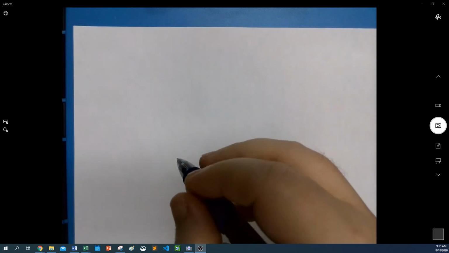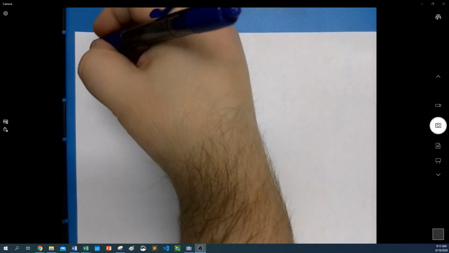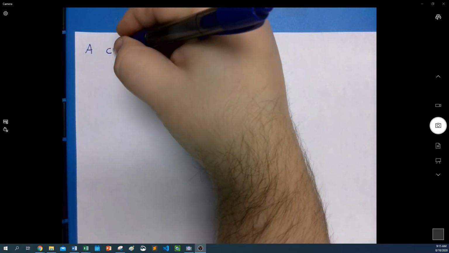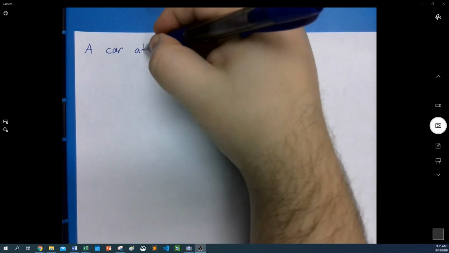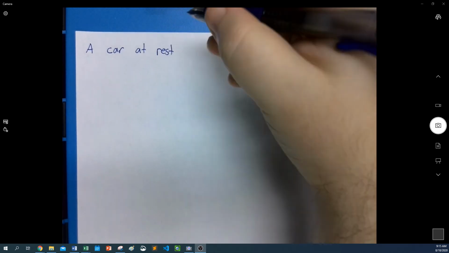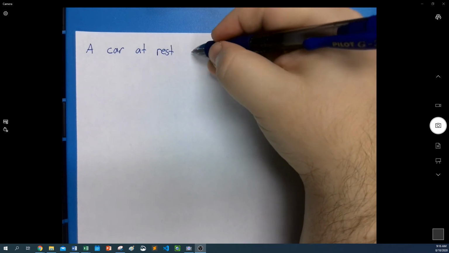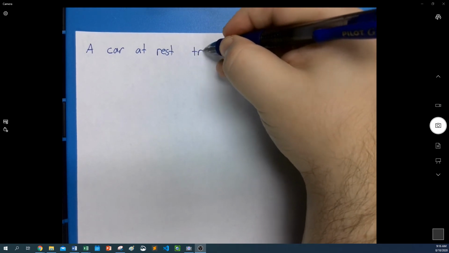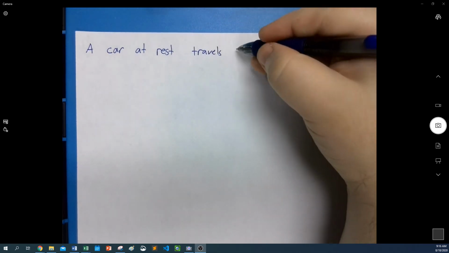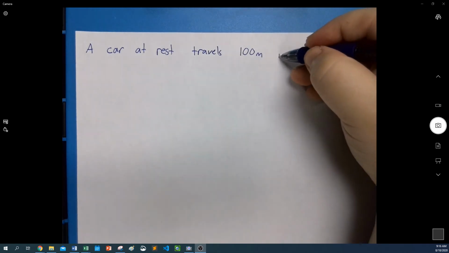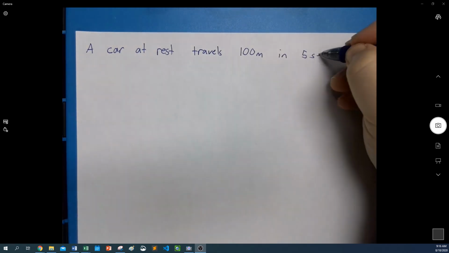So let's do some more examples. A car at rest travels 100 meters in 5 seconds.